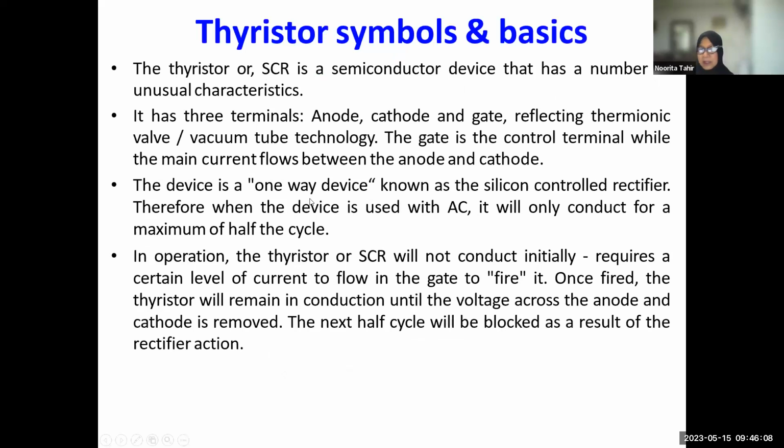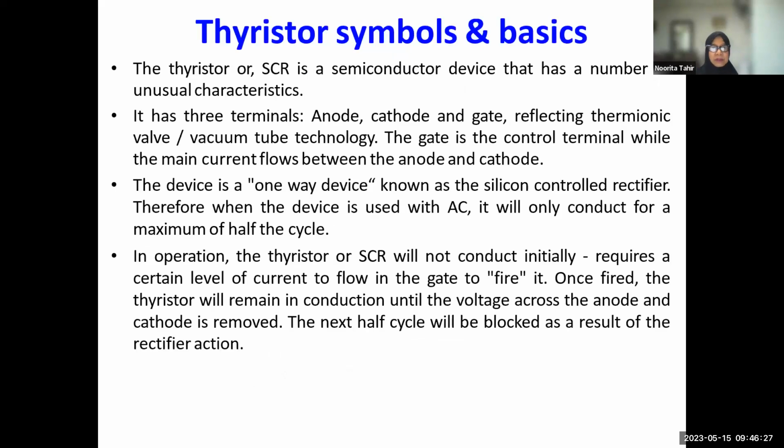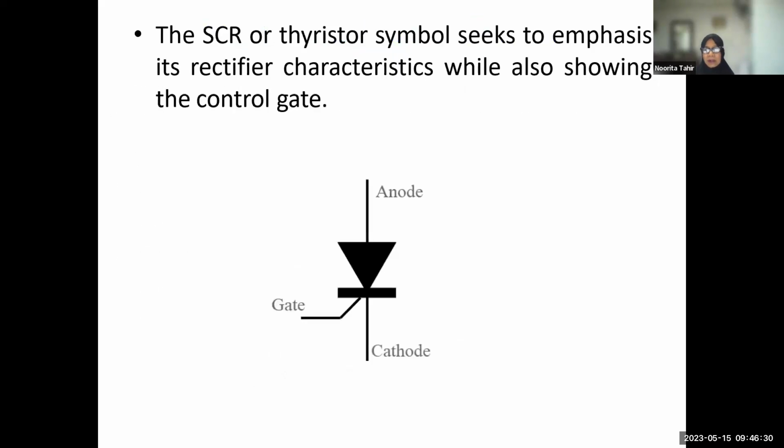I think this one we have discussed earlier. Okay, so here are the thyristor symbols and basics. The thyristor, as mentioned earlier, is a semiconductor device that has a unique characteristic: it has three terminals.